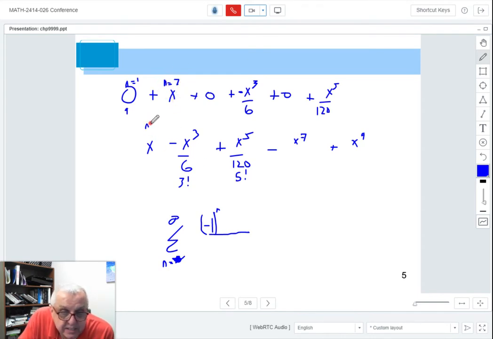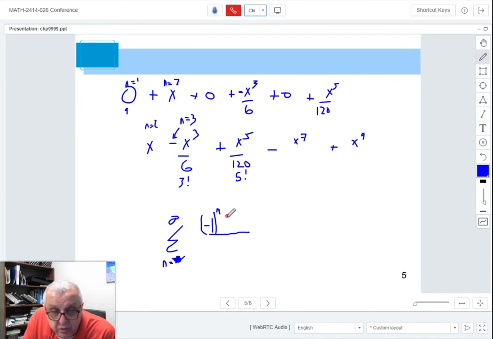If you put 2 in there, -1 squared is a positive, so we have a positive. And this is n equals 3, and there we should have a negative. If you put a 3 into this n, -1 to the third power is a negative. So this is how you switch from negative to positive, using -1 to a power.